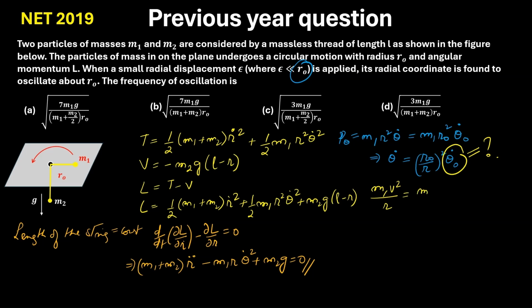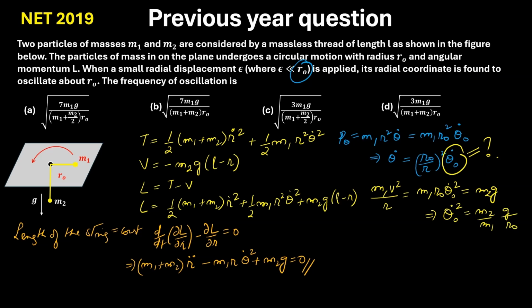So I can write this as m1 r naught theta naught dot squared, equal to m2 g. This is the equilibrium condition. From here I can write theta naught dot squared equal to (m2 by m1) g divided by r naught.